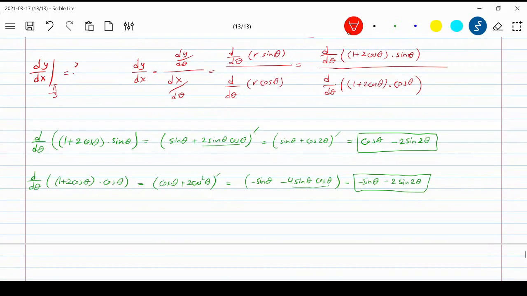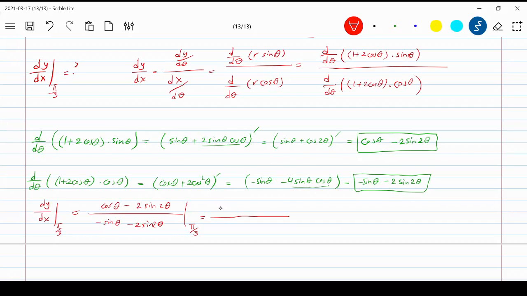So now, what is dy over dx? Evaluate at pi over 3. It will be cosine theta plus 2 cosine 2 theta divided by negative sine theta minus 2 sine 2 theta, evaluated at pi over 3. Cosine of pi over 3 is 1/2, plus 2 times cosine of 2 pi over 3.